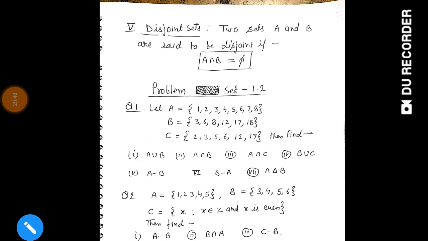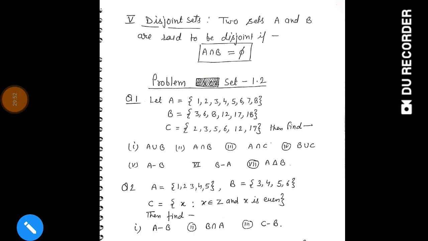So here we have exercise number 1.2. This is exercise number 1.2.